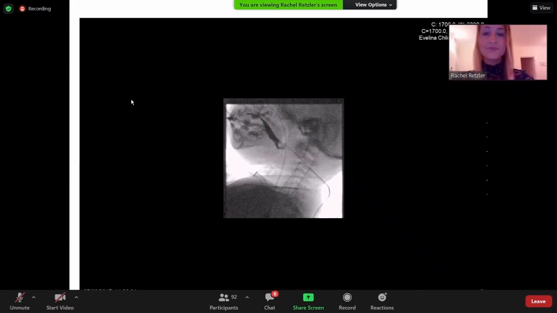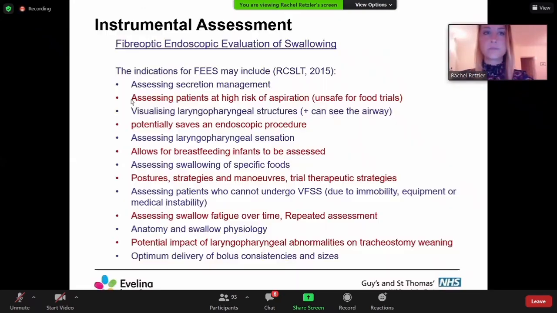Keeping in mind also, the child had vocal cord palsy, so it was likely silent, and that's the benefit of going into a VF and seeing this and putting them on the safest plan, because clinically we are able to change the product for a child who is aspirating silently, because in a clinical assessment they may present as if they're doing well. So the importance of going to VF if needed.